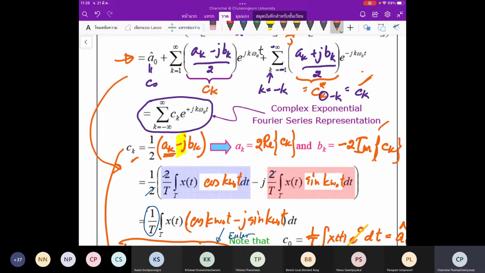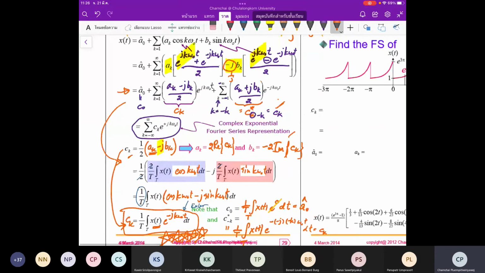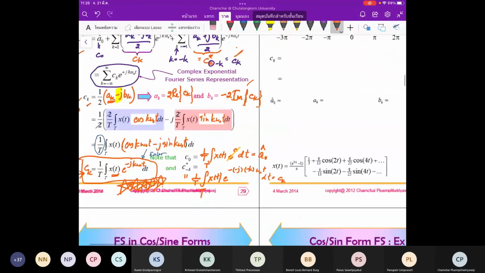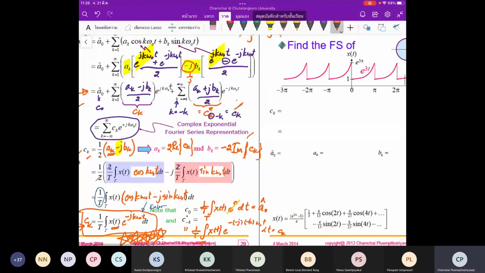That's how we get BK, because the imaginary part of CK is negative BK over 2. So BK will be negative the imaginary part of CK, and that's what we have.